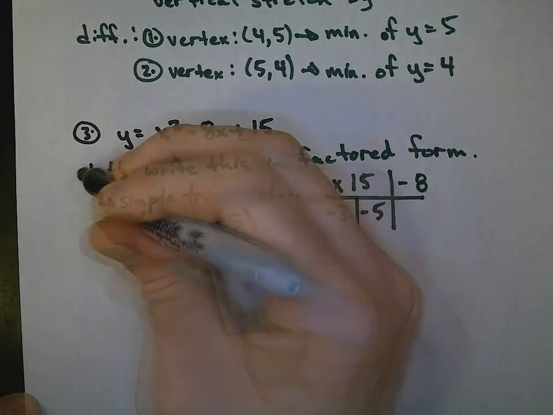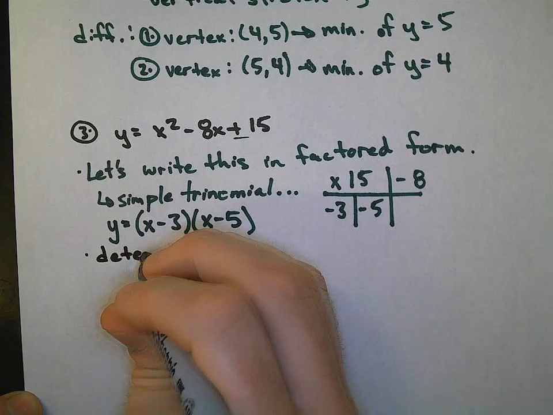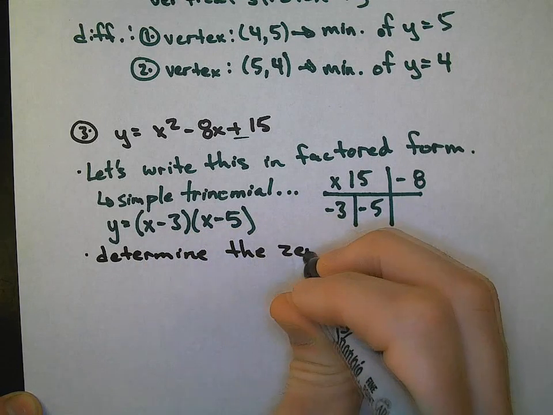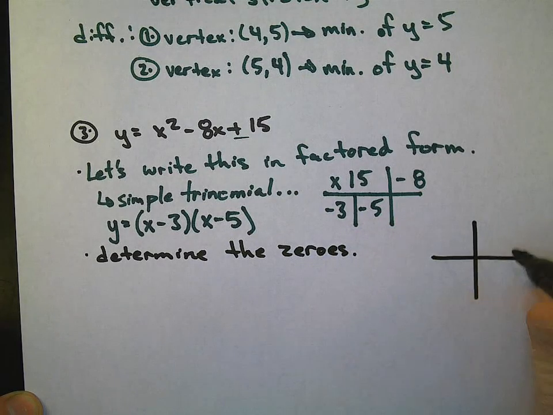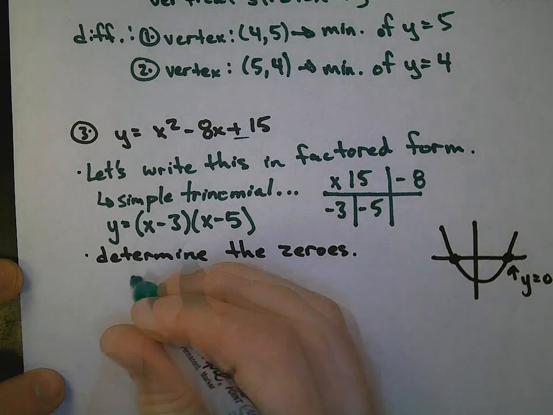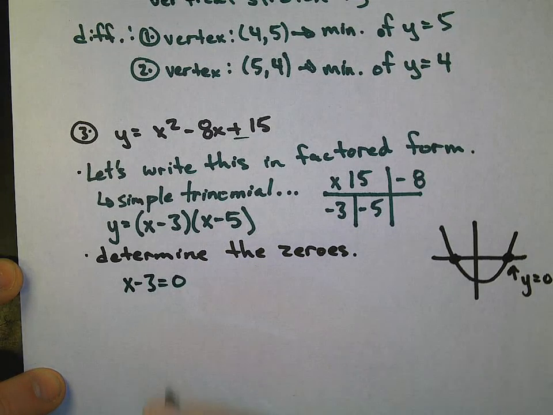After we write this in factored form, we can determine the zeros, or my x-intercepts. And remember, my x-intercepts on a parabola are where it crosses the x-axis, and at the x-axis, y is equal to 0. So that tells me in this case my first factor is x minus 3, so x minus 3 equals 0.